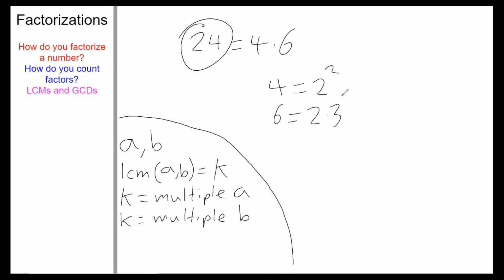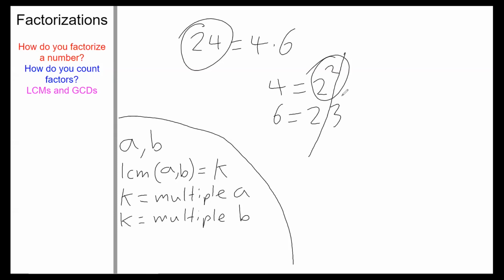So what we would do here is we would actually compare prime factors. 4 and 6 both have a prime factor of 2. 4 has 2 2's in it. 6 has only 1 2. And when you're considering LCM, you always pick the one with the greatest number of a prime factor. So in this case, we would pick 2 squared over 2.